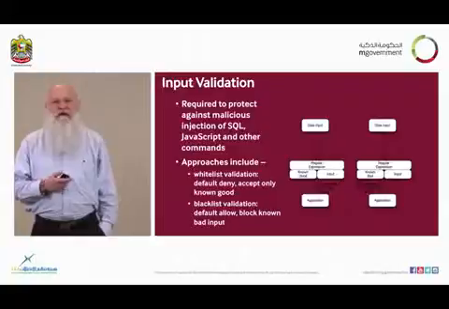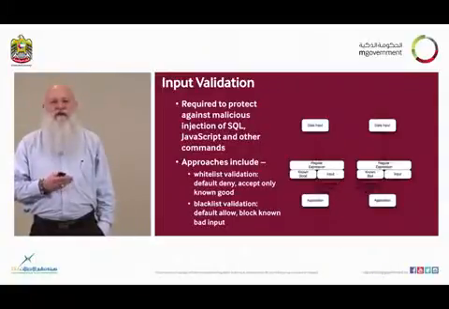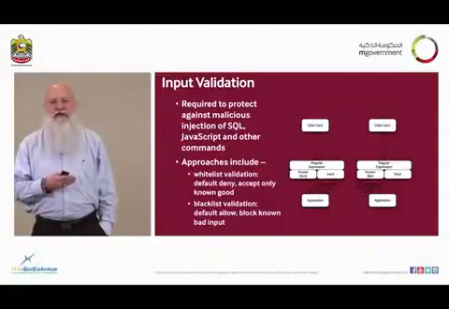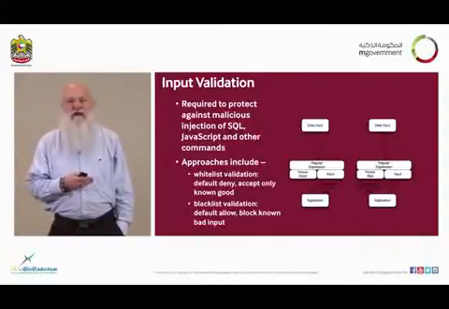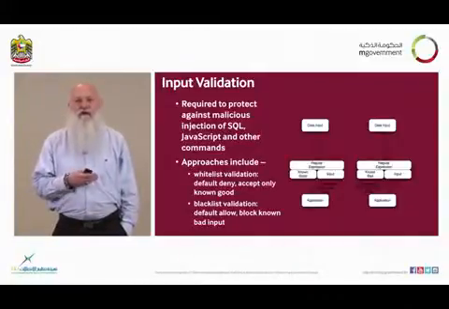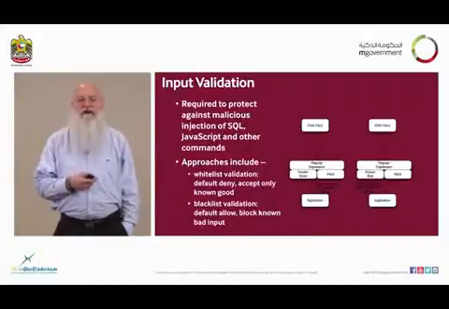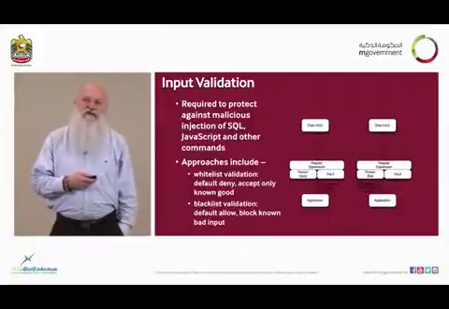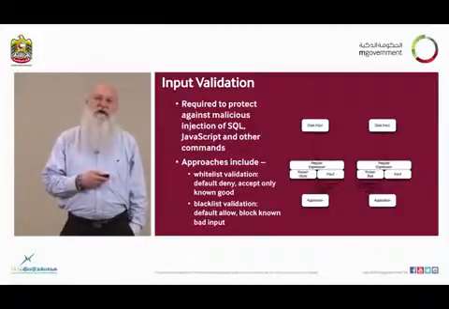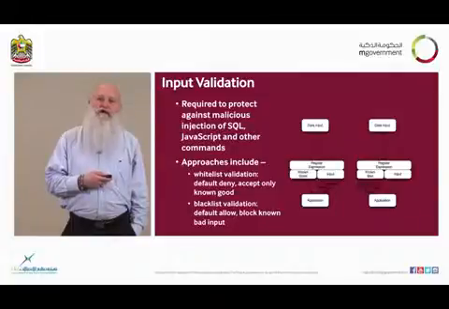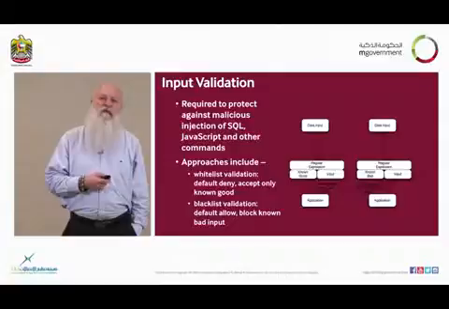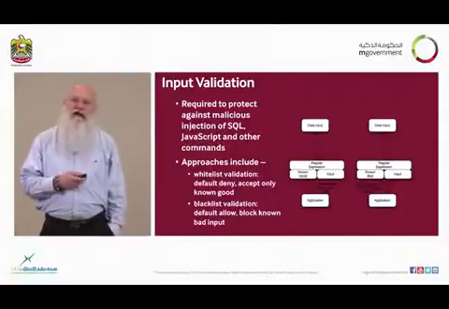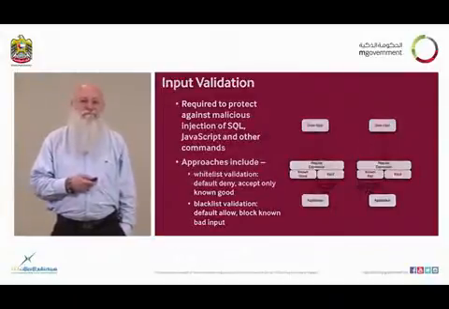With whitelisting, we have a known list of good, trusted input data. All data input is checked against the known list, and if it appears there as known good data, it's allowed and processed. Blacklisting works in the other direction. We have a known list of bad input. We test input against the bad list. If it's there, if it matches, we do not proceed, we do not process it. In practice, whitelisting and blacklisting are often combined.